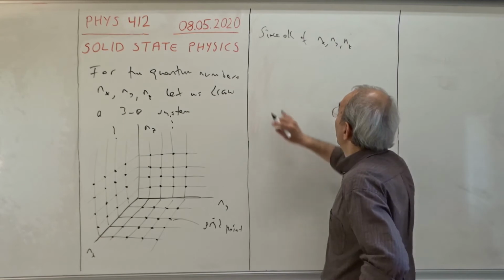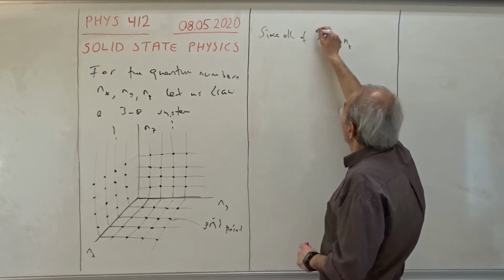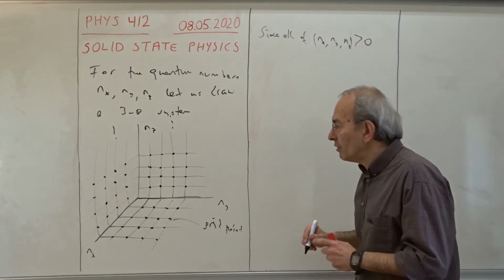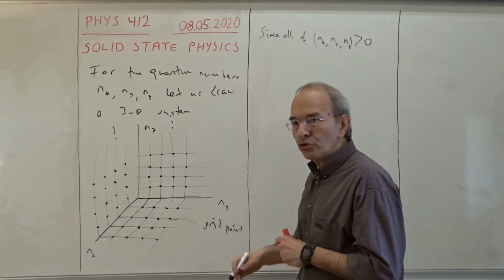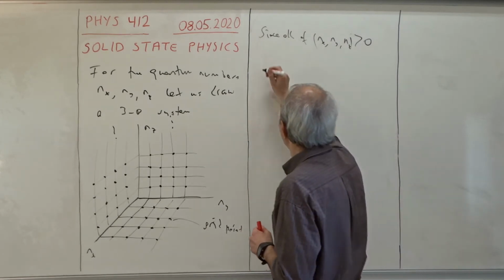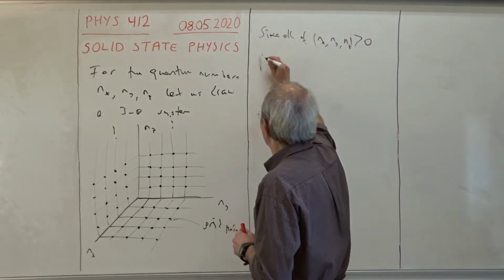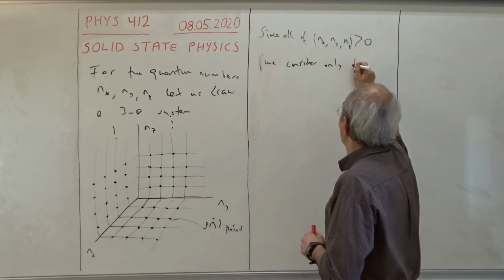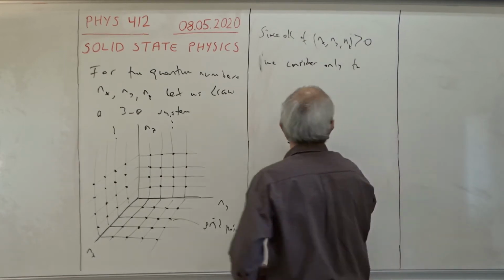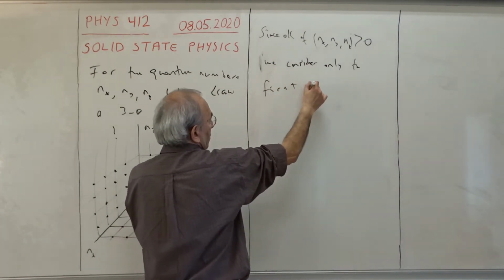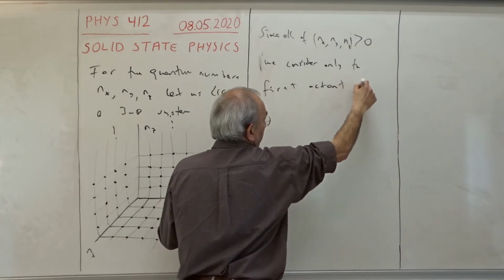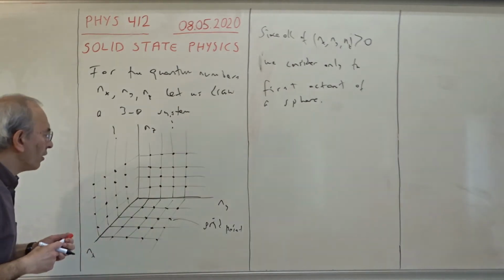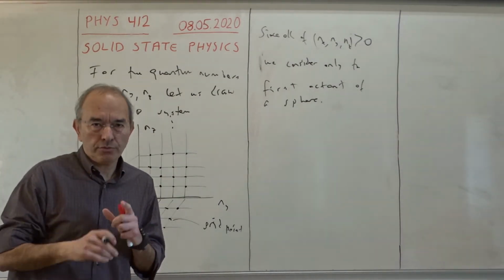First thing is this. Since all of nx, ny, nz should be greater than 0, we consider only the first octant, 1/8, first octant of a sphere. What is that sphere? Let me draw now this 1/8 first part.